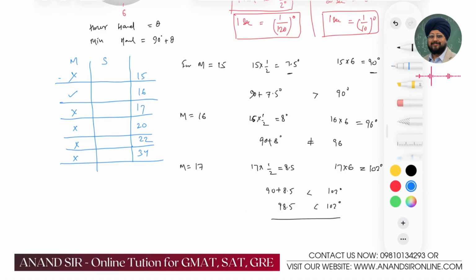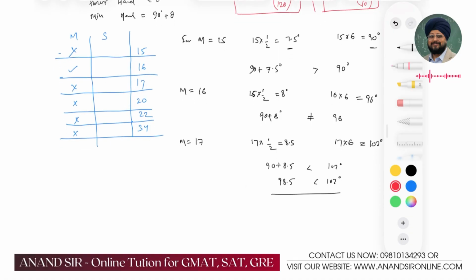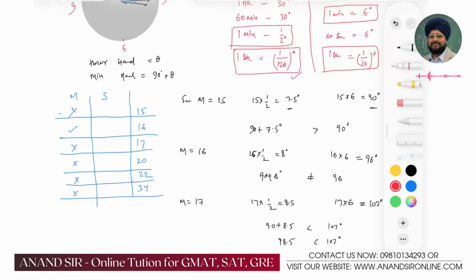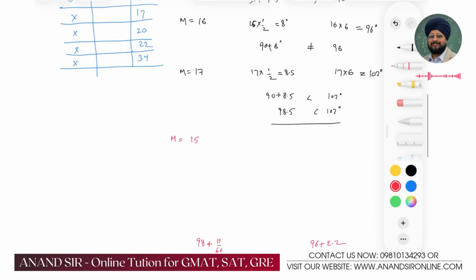Now we will go with seconds. Say for m equal to 15, s equal to 15 seconds. Now in seconds the hour hand moves 1 over 120 degrees.